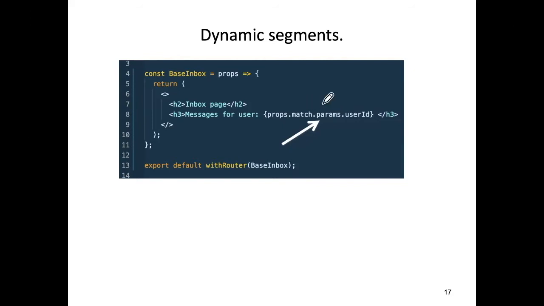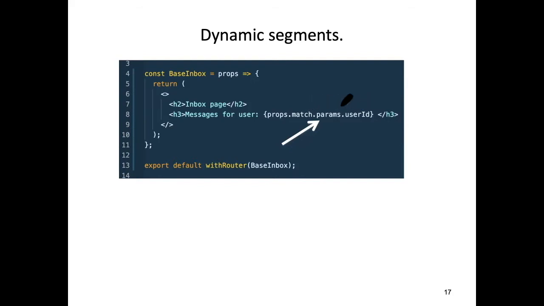It's an object. It has a key called params, which is also an inner object. And that will then have a key based on the parameter name that you decided from your routing configuration. So this entire expression here is going to access the inbox identifier or the user ID from what's currently being displayed in the browser's URL address.